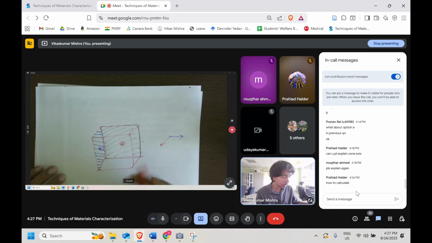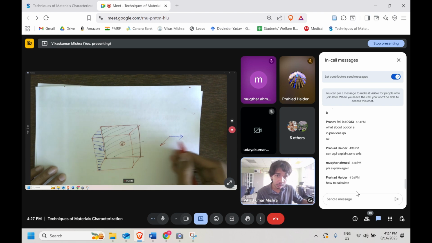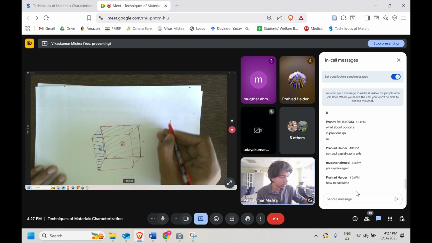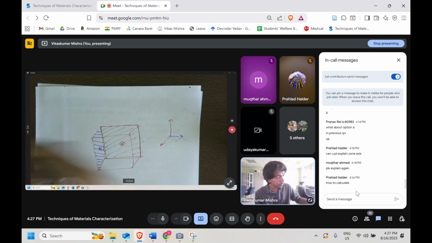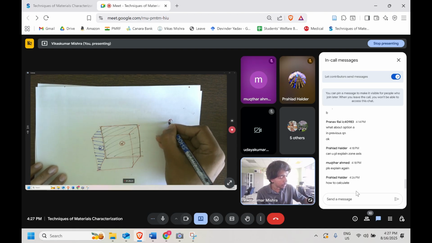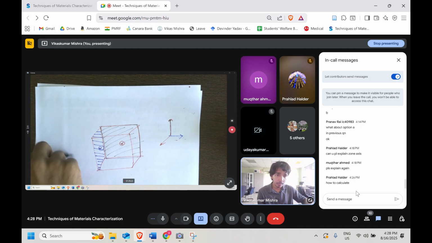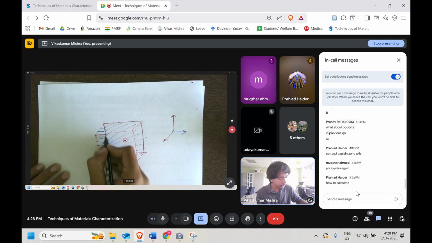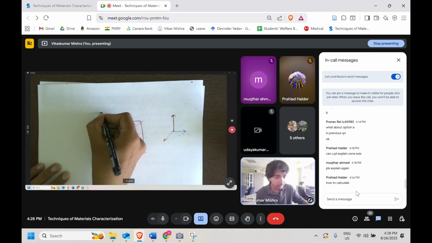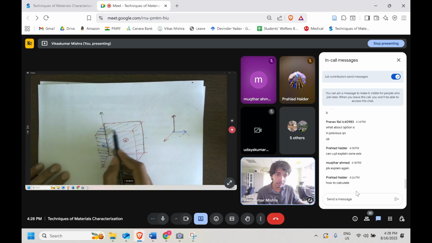So what will be their zone axis? It will be the cross product of these two things. It will be along this. The final zone axis will be along this. It is a cross product. So this is a common axis between these planes.